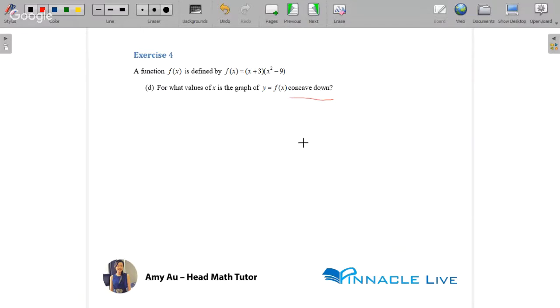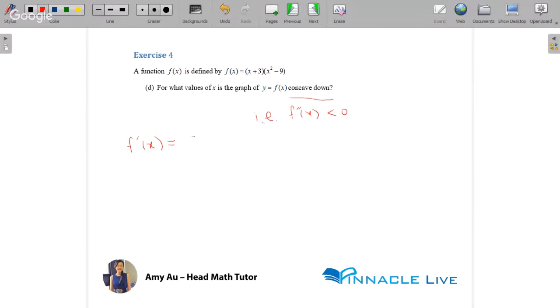So I'll go back to the graph in 1 sec. So let's see how we can extract that from the second derivative. Firstly, concave down means the second derivative needs to be less than 0. That's your objective. All right, so the first derivative, I'm just taking it from the earlier working.